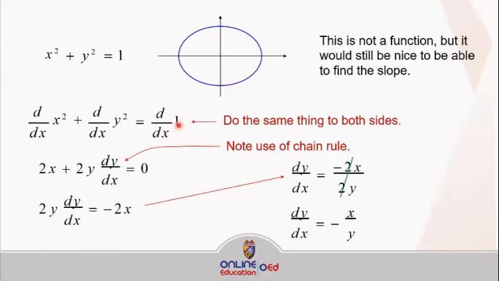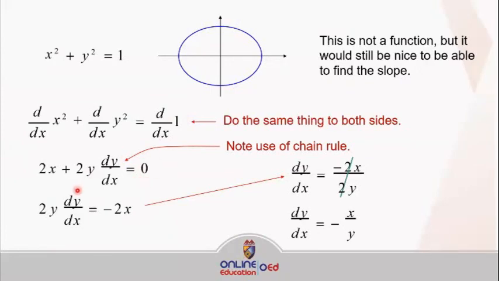And then for the derivation, we have the derivative of x squared is equivalent lang siya sa 2x. Since with respect to dx naman siya. And then for the y, we have the 2y, and then we have naman dito use of the chain rule, which is the dy over dx, and then the derivative for the 1 is equivalent lang siya, since constant value naman siya, equivalent lang siya sa 0.